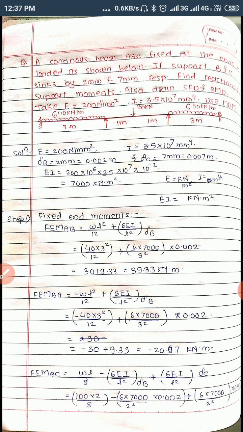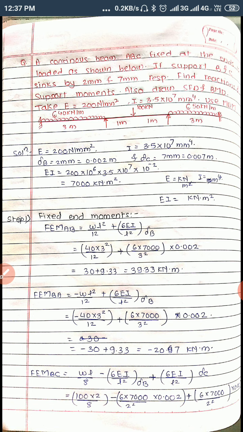Now we'll start with the solution part. E, the modulus of elasticity, is given as 200 Newton per mm square and I, the moment of inertia, is given as 3.5 into 10 raised to 7 mm raised to 4. Delta B and delta C we have converted into meters.